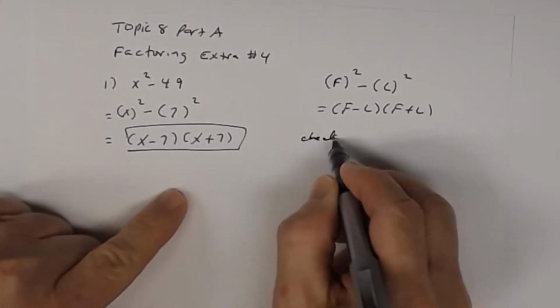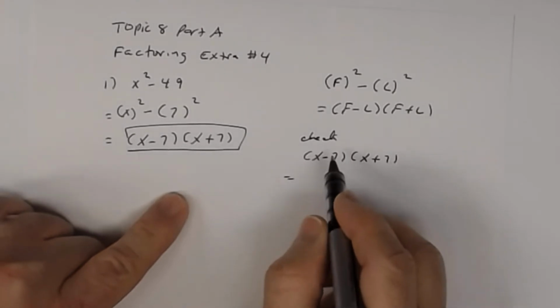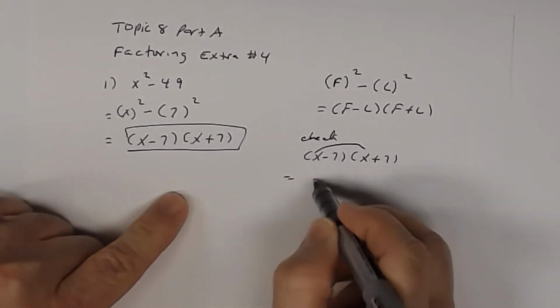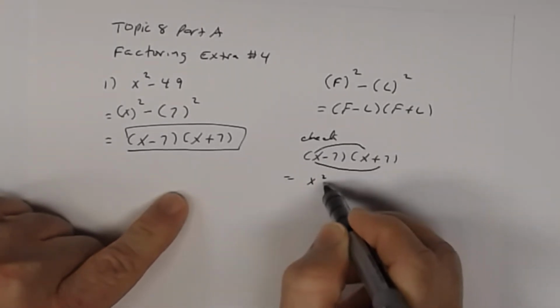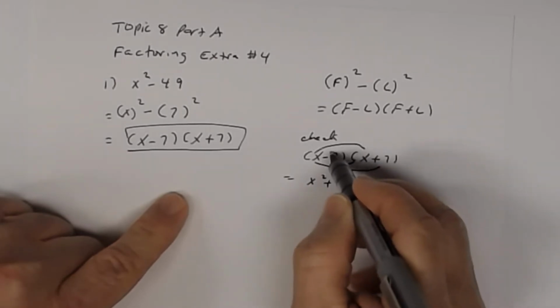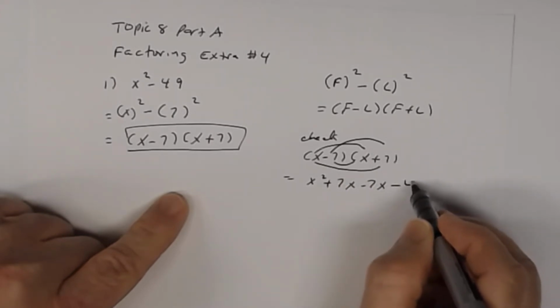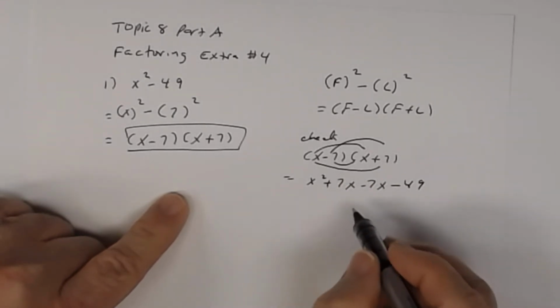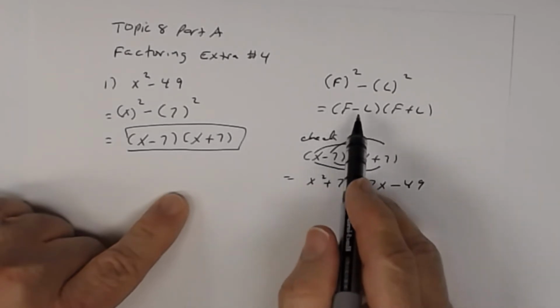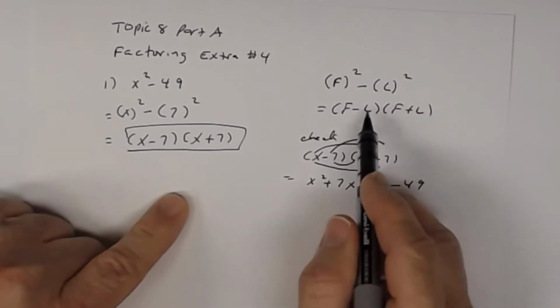So if you check this quickly, x minus 7 times x plus 7, by FOILing, let's see what we get. We get x times x is x squared. The outer is a positive 7x. The inner is a negative 7x. And the last, a negative 7 times a positive 7, is a negative 49. And so remember, when you have the difference of two squares, see how right here everything looks almost identical except for the signs.